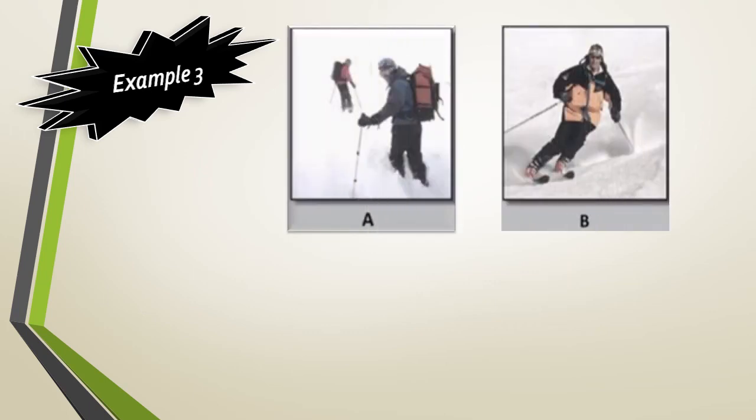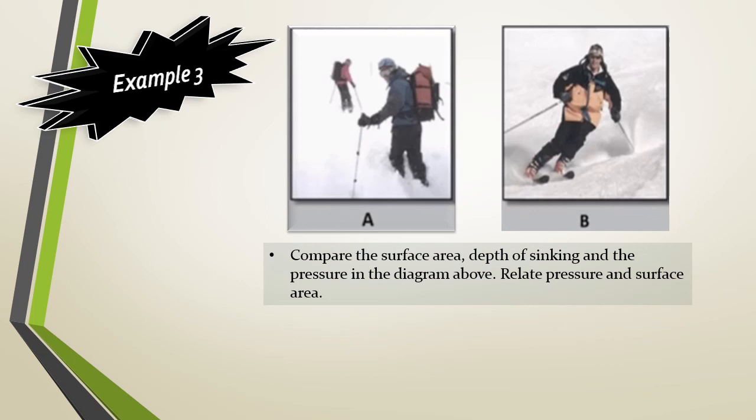Okay, good. Next, third example. Okay, there are two pictures, A and B. Okay, so compare the surface area, depth of sinking, and the pressure in the diagram above. Relate pressure and surface area. So we can say that for the A have smaller surface area, so the man sink deeper into the snow.